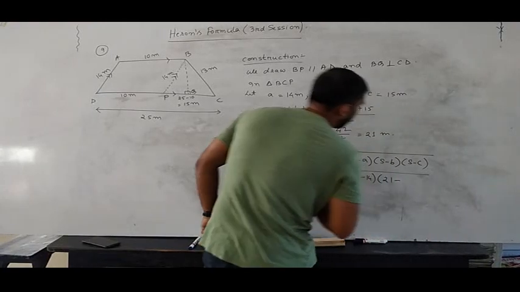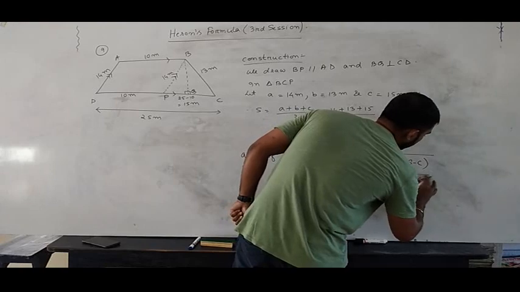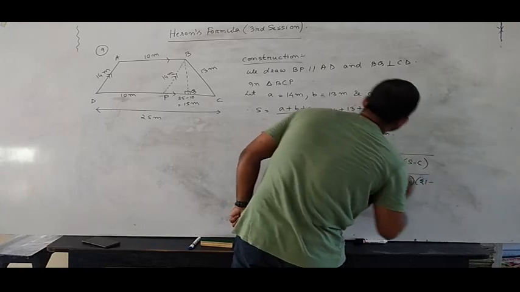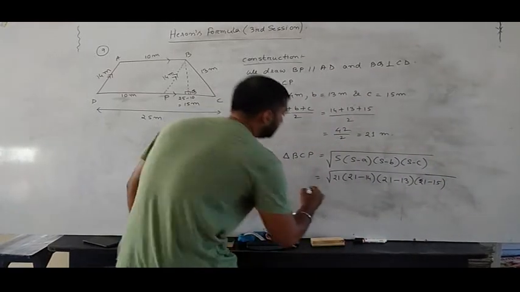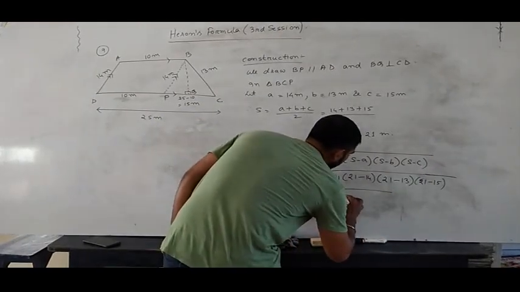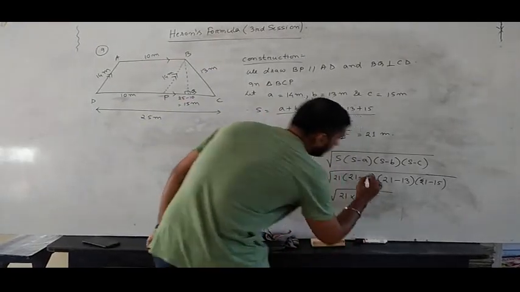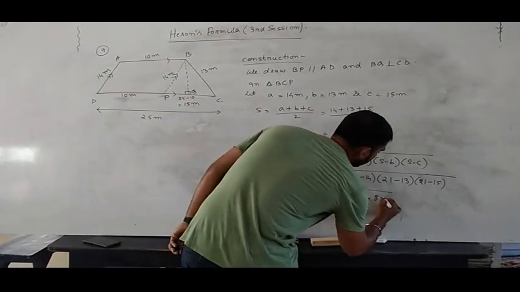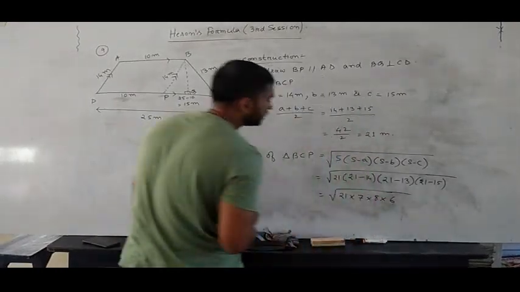Then again 21 minus B. What is B? B equal to 13. Then 21 minus C, C equal to 15. Which implies 21 into 21 minus 14, that is 7, 21 minus 13, that is 8, and then 21 minus 15, that is 6.